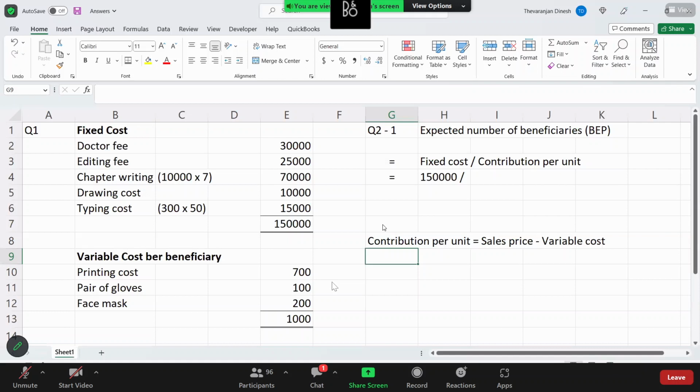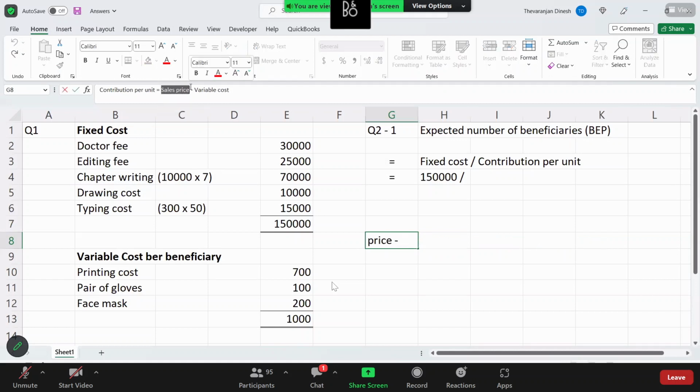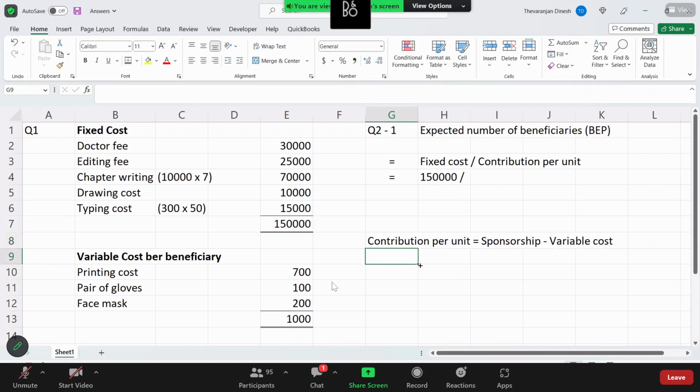But for each handbook, we are getting a sponsorship fund from a soap manufacturing company. We have to treat that sponsorship as the sales. Therefore, rather than sales price, I write sponsorship amount minus variable cost.